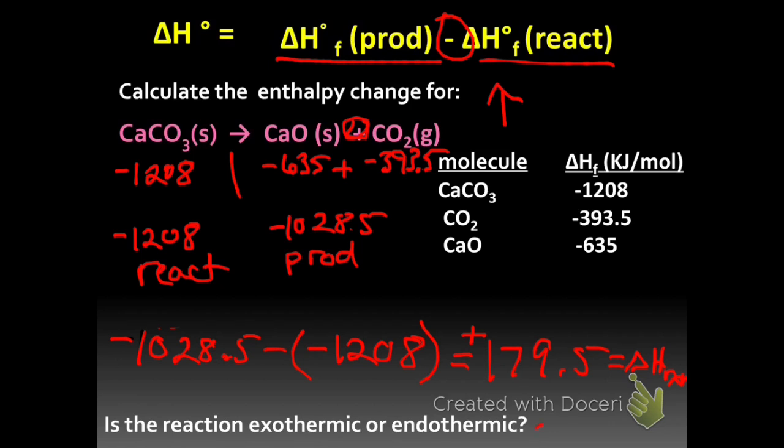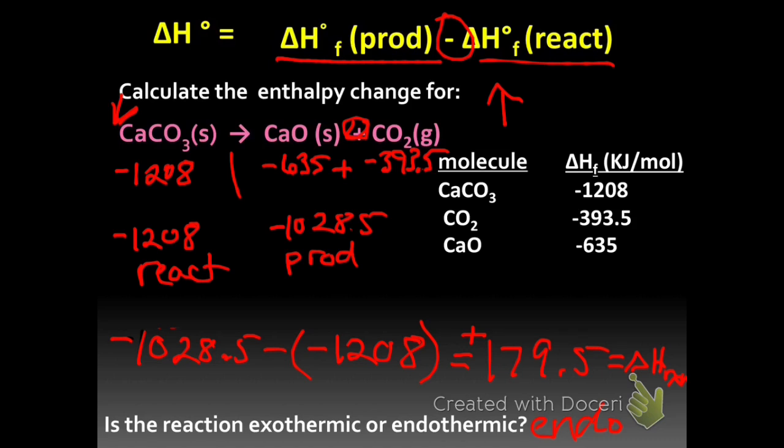So this was endo, and this energy would have been on this side here, being added into the equation. So we would see 179.5 kJ plus CaCO3, and so on. It would be on your reactant side because it is positive and endothermic.